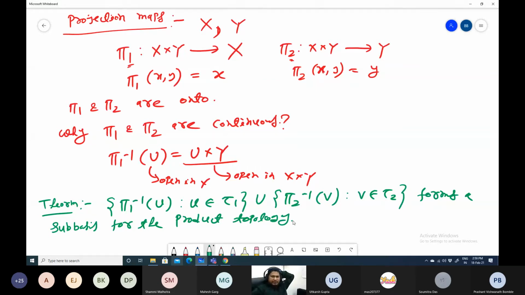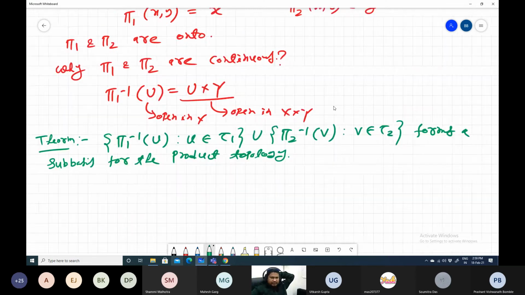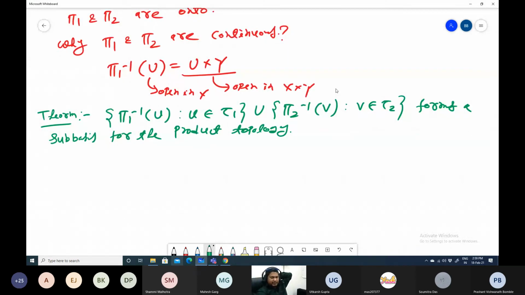Can you see the proof of this? The proof is simple actually, just a one line answer.